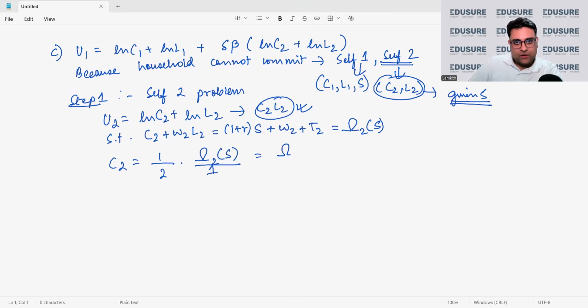So it's basically omega 2 by 2. And L2 is basically 1 by 2 into omega 2 divided by the coefficient, that's W2. Okay. Now, this is my C2 and L2.